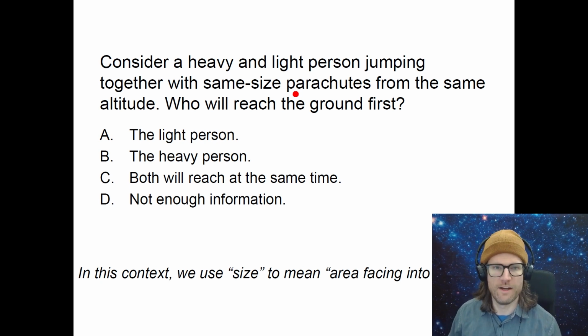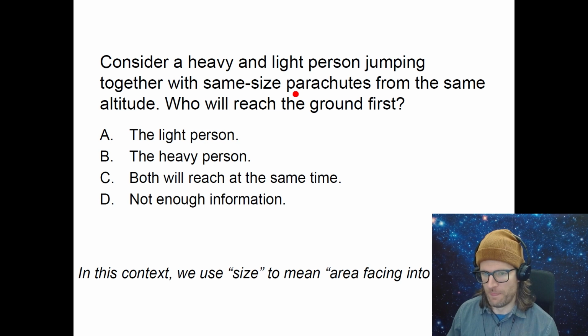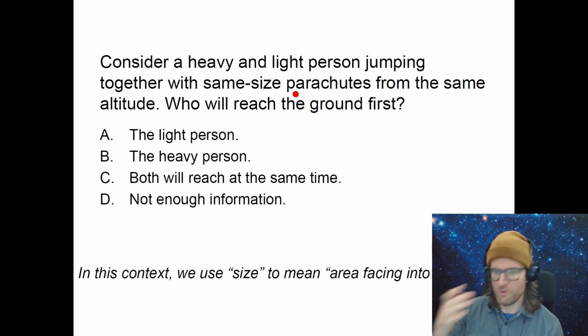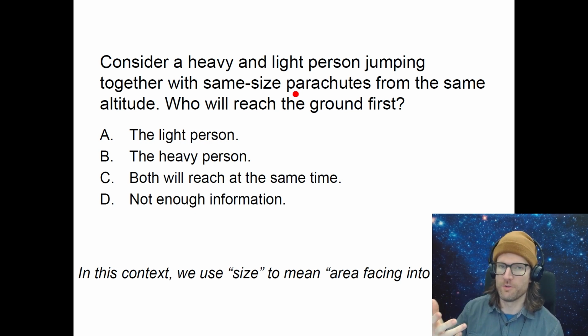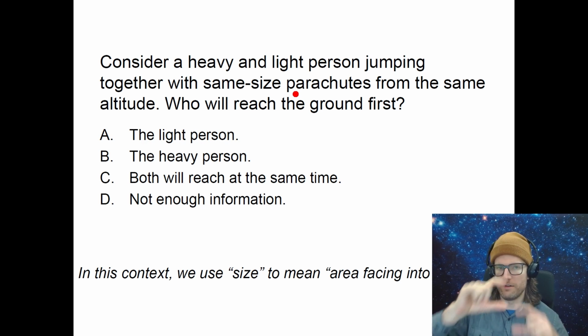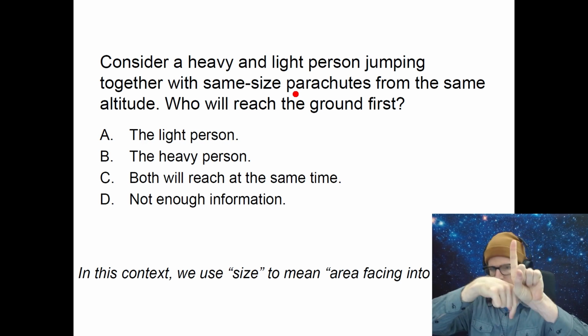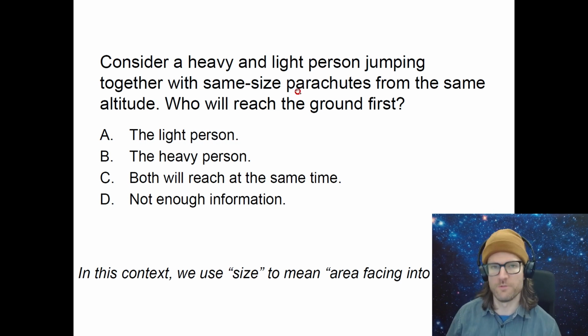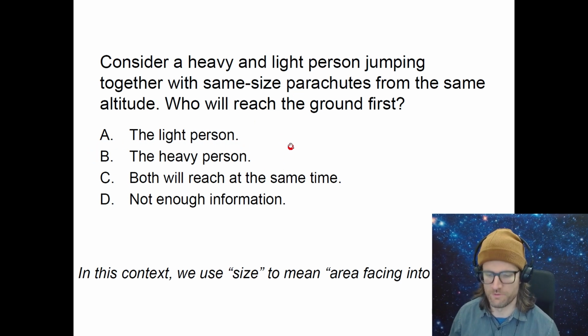And to get more air resistance for the heavy person, the parachute and person must move faster to cancel out. So the heavy parachutist is going to require a higher terminal velocity to cancel out gravity, which means the heavy person is moving at a faster speed, which means the heavy person will get there first.